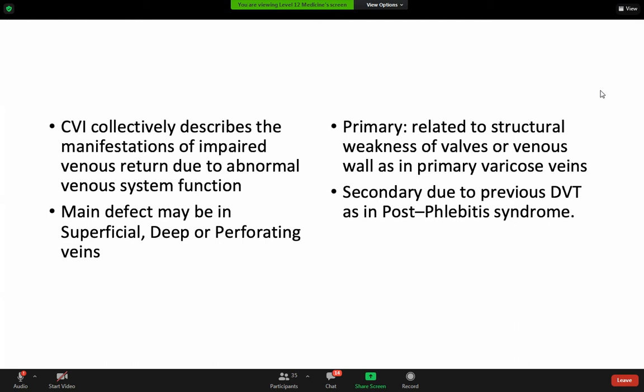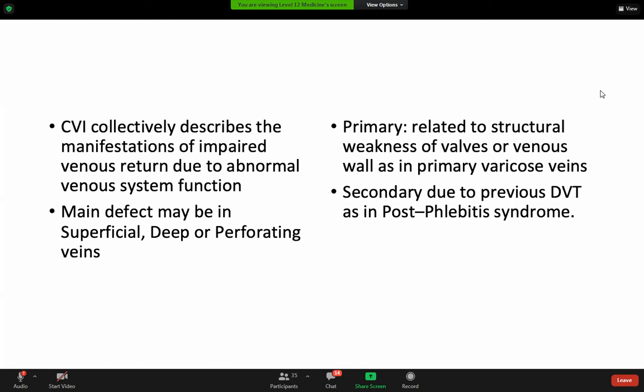So usually primary, there is no pathology because this problem is just only related to weakness of the valve or the venous wall. It's usually genetics or familial, as in the varicose veins. Whereas secondary means that there was a problem, there was a pathology like DVT.